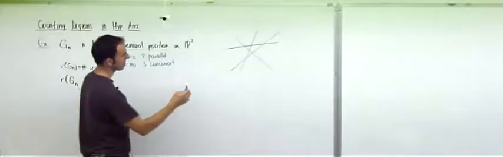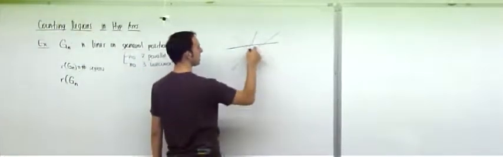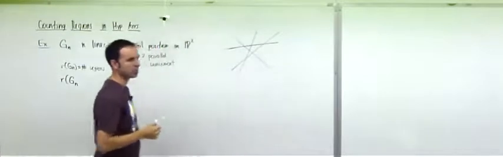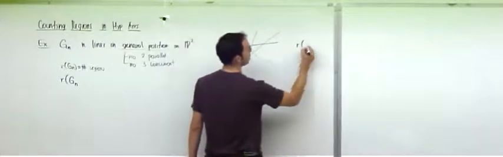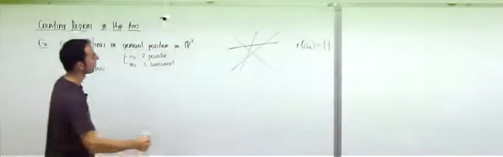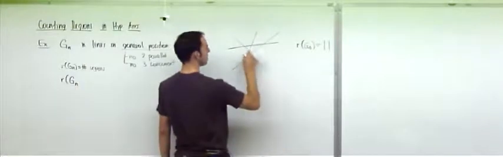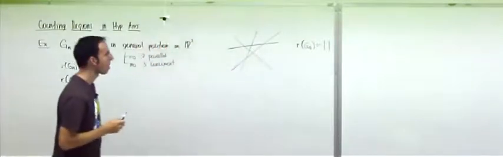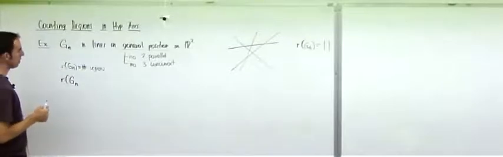So in this case, for example, 1, 2, 3, 4, 5, 6, 7, 8, 9, 10, and 11 regions. And these are four generic lines in the plane. So I said 11, right? 1, 2, 3, 4, 5, 6, 7, 8, 9, 10, 11. Okay, so how can we do this?